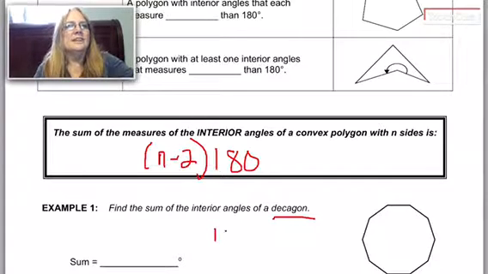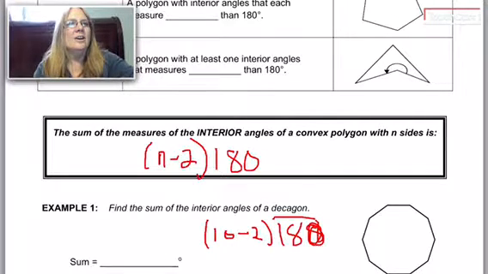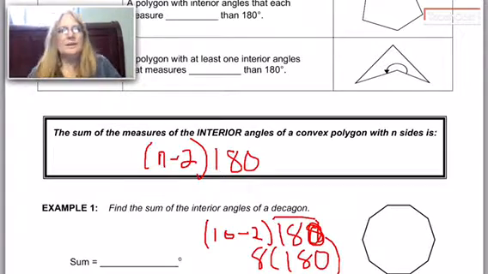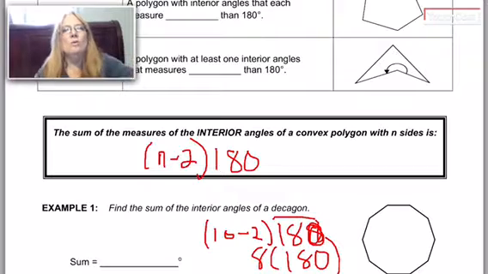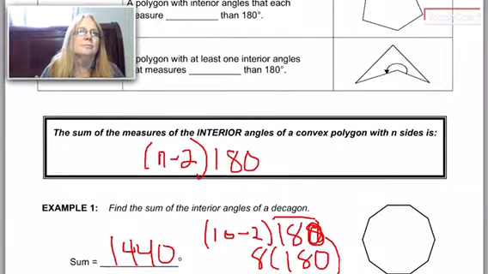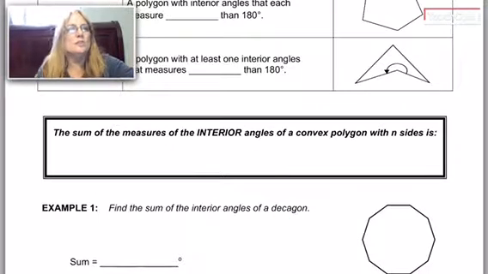So 10 minus 2 times 180, or just 8 times 180. And on my calculator, eight times 180 is 1,440 degrees.